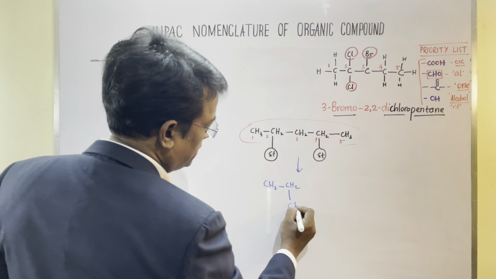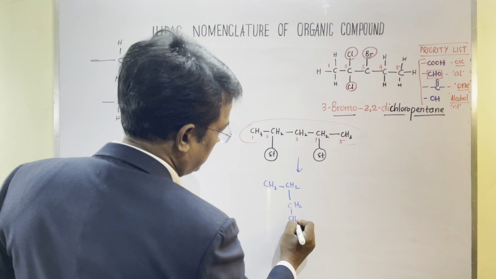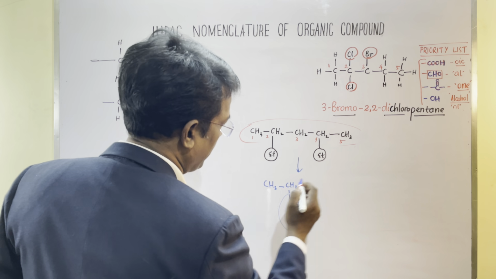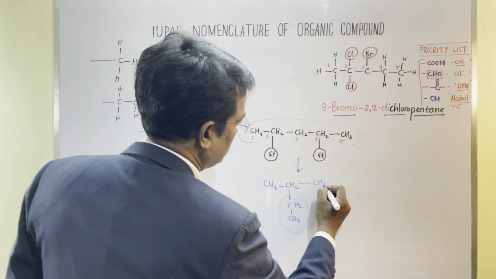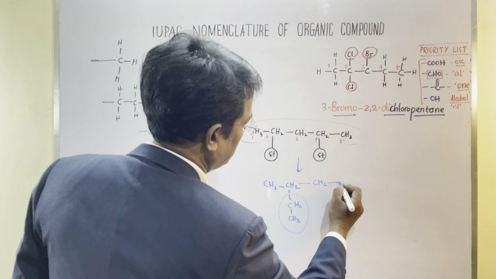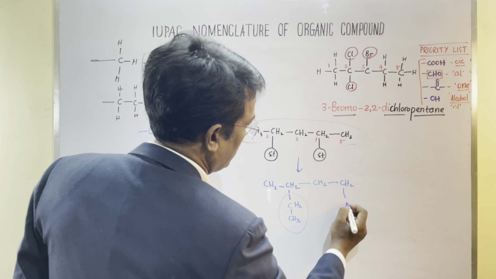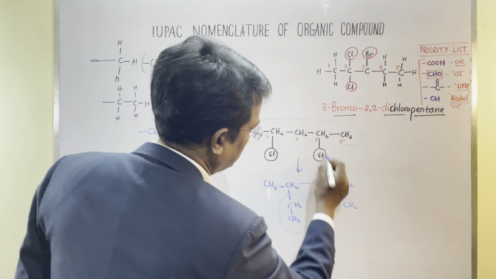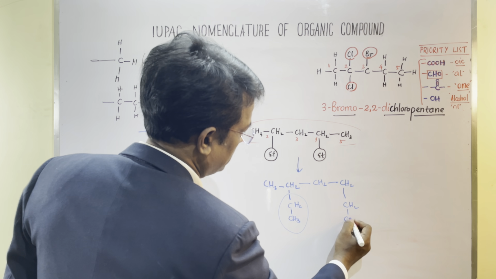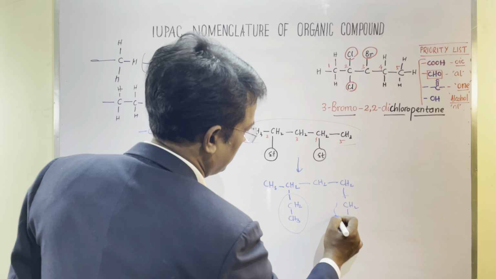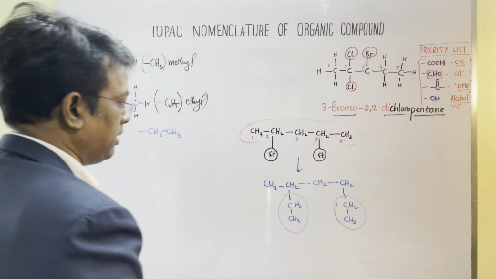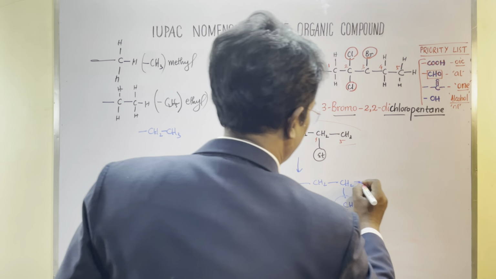This is your ethyl group. CH2, again CH2, this one I'm expanding here, CH3. This is the ethyl group here, both these ethyl groups, and of course this CH3.